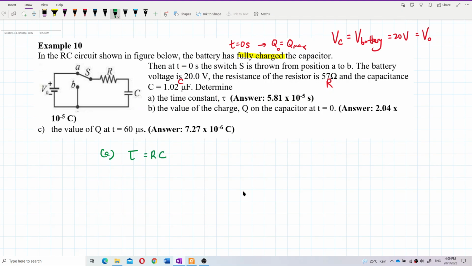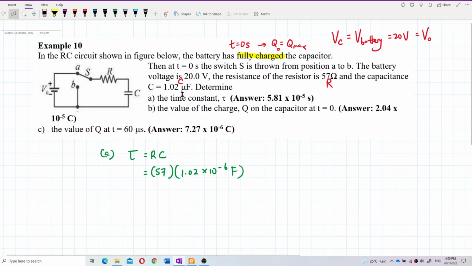Resistance times capacitance. We have the resistance, 57 ohm, and the capacitance is 1.02 microfarad. Micro is exponent -6, so change to SI unit.